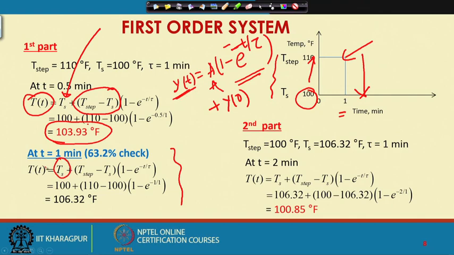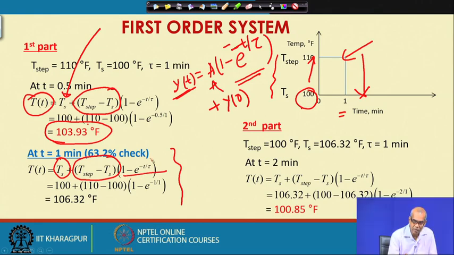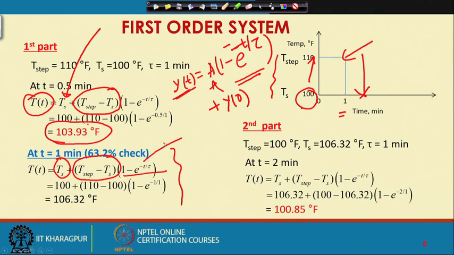Initial value is still 100 degree Fahrenheit, magnitude of step 110 minus 100, and 1 minus e to the power minus t by tau. This t is now 1. So, this you get as 106.32.